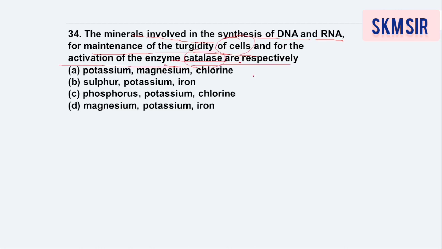First, synthesis of DNA and RNA. What do you think? It is magnesium which is responsible for that, and for turgidity of cells, potassium is responsible, and for activation of the catalase enzyme, the element iron is responsible, right? Iron activates the catalase enzyme. So option D is correct.